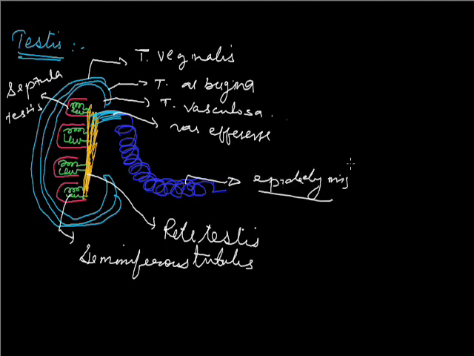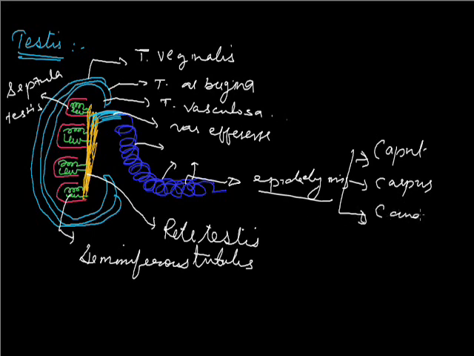This epididymis consists of 3 parts: the upper one, the middle one, and the lower one. What are the names of these? We'll see it here. The upper part of the epididymis is the caput epididymis. The middle one is the corpus epididymis, and the lower one is the cauda epididymis.